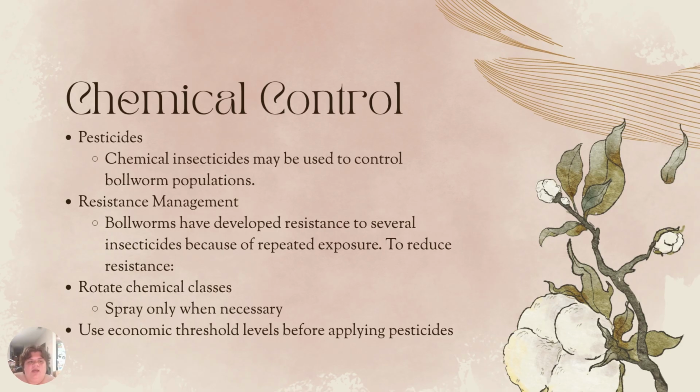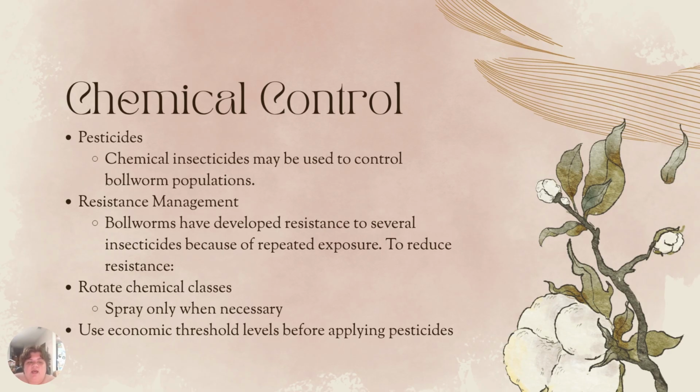Chemical control, pesticides. So chemical insecticides are commonly used, but the thing is that since they're so commonly used, a lot of bollworms have actually developed a resistance because of the repeated exposure.